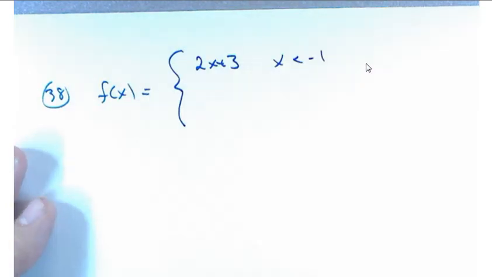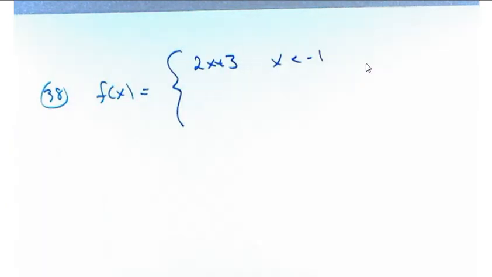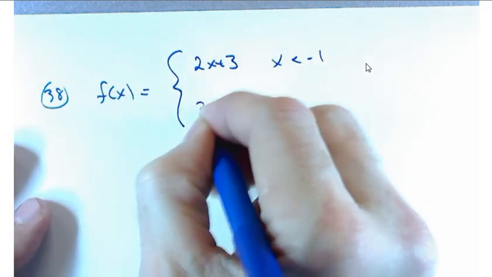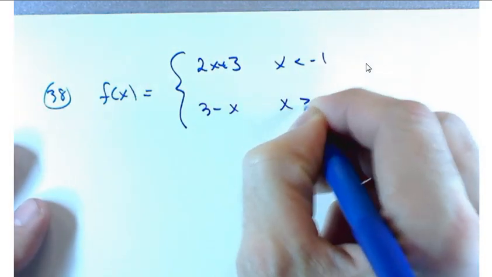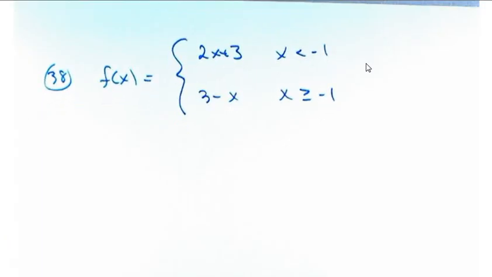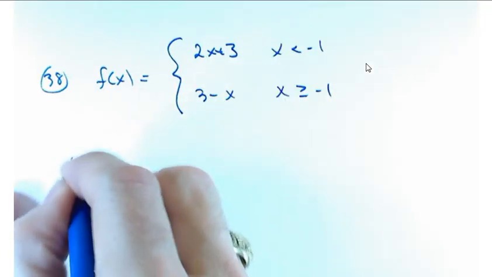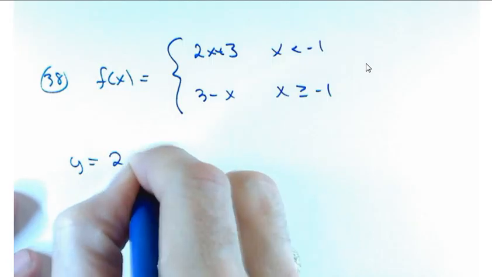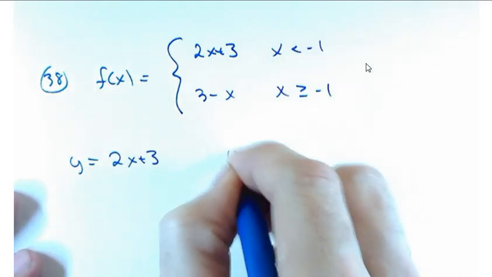And what else? 3 minus x if x is greater than or equal to negative 1. So again, you've got two graphs that you're going to deal with. You've got the graph of y equals 2x plus 3 and the graph of y equals 3 minus x.